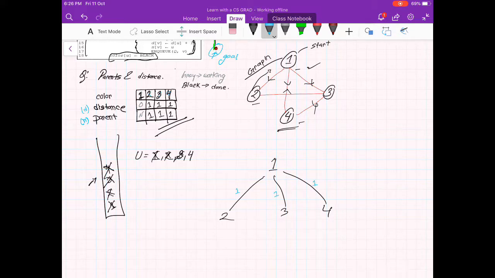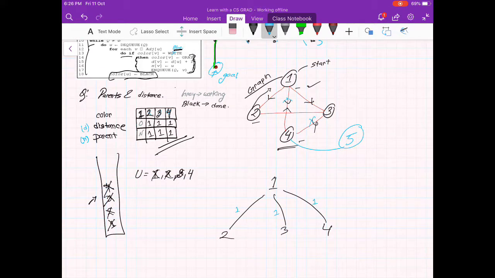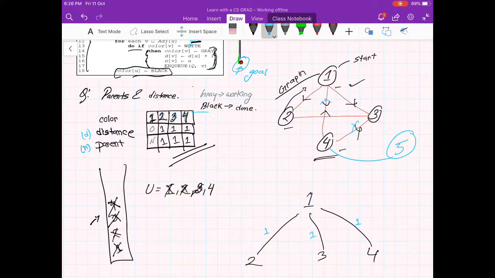Now if we had another let's say node 5 which is connected to somehow 4, so when we'd be working with 4, so we are done with 1 and we are done with 3, but we are not done with 5, right? So is 5 blue? Yes, of course. So now we'd be working with 5 then.